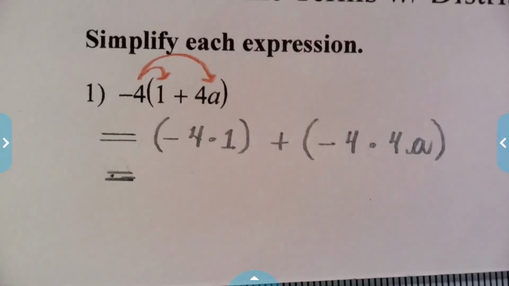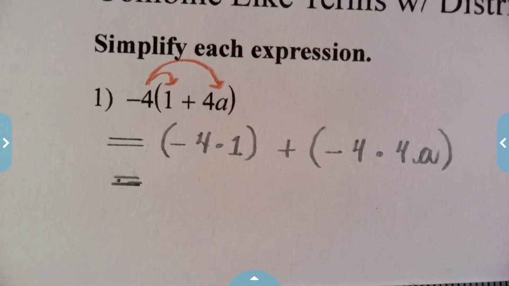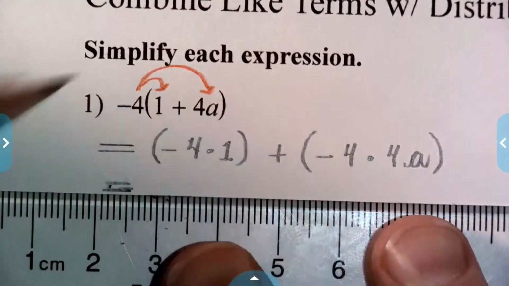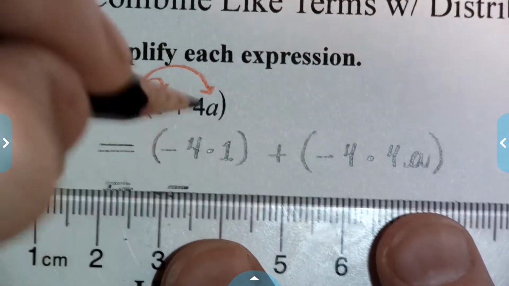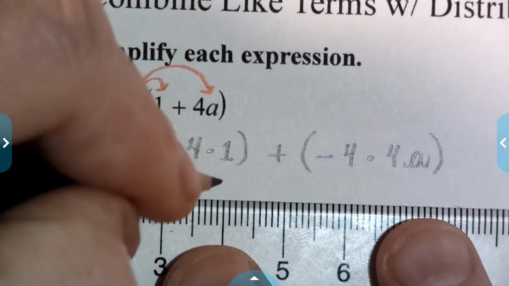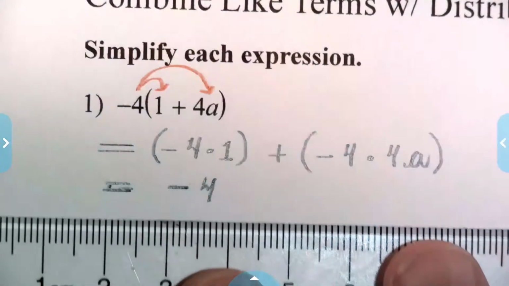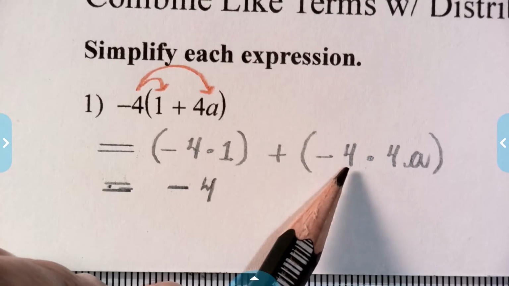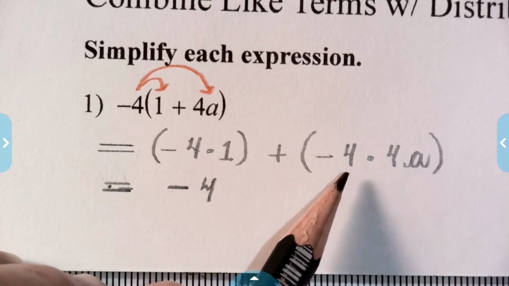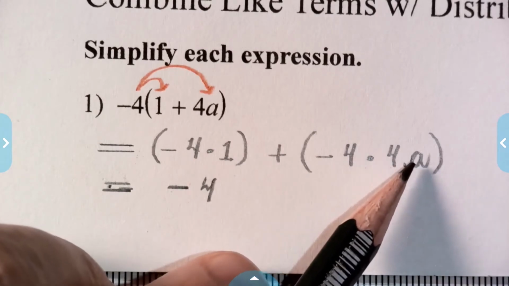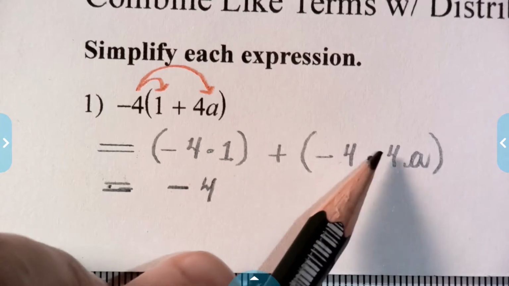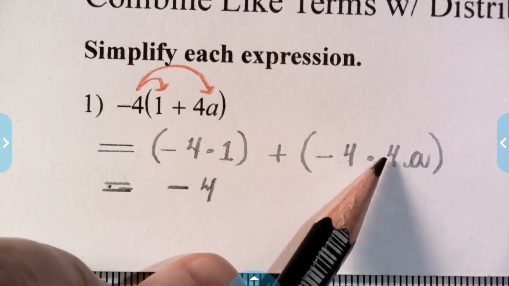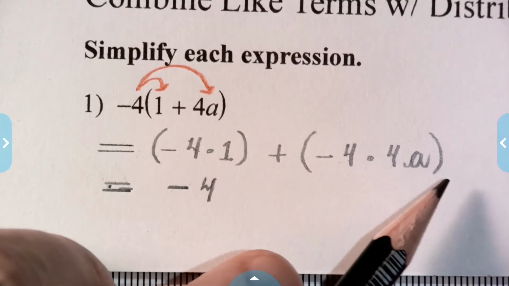So now we can multiply out. -4 times 1 is going to be -4. We can drop the parentheses now, -4. And then let's think about this for a minute. -4 times 4a. So the a just comes along for the ride. We just multiply -4 times 4. That's -16. So -4 times 4a is -16a.